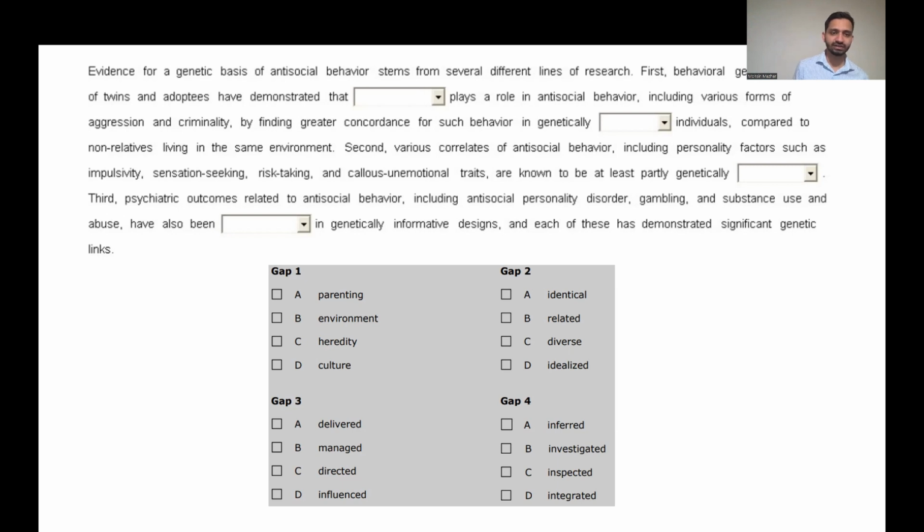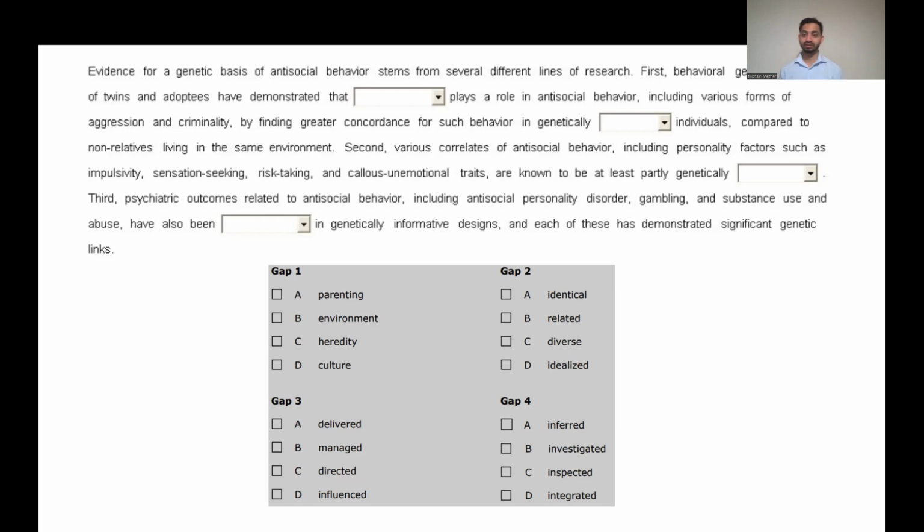Third, psychiatric outcomes related to antisocial behavior, including antisocial personality disorder, gambling, and substance use and abuse, have also been inferred, investigated, inspected, integrated. So this is the research. Always remember that we started with different lines of research, and research investigates things, right?